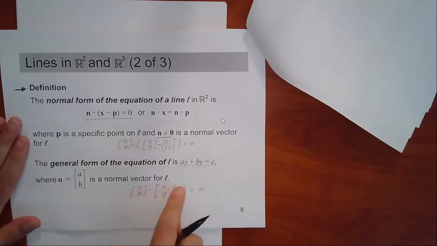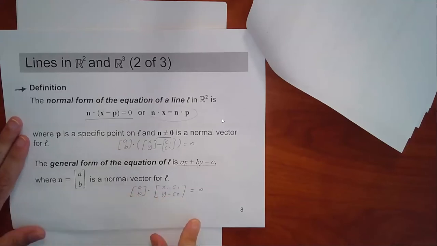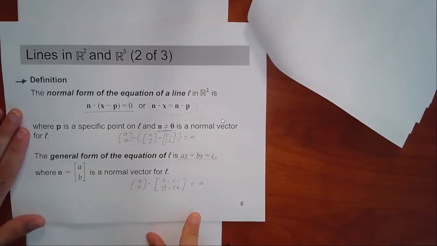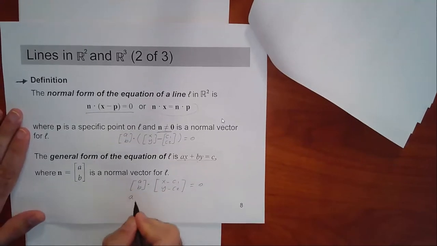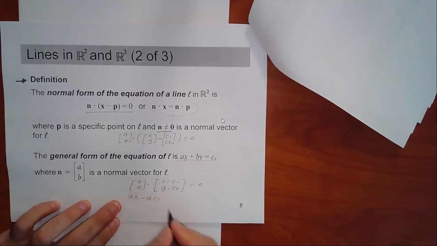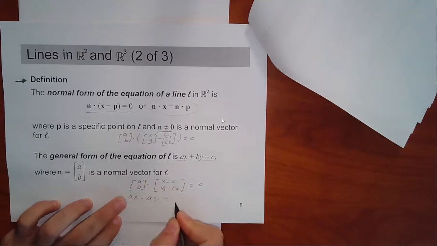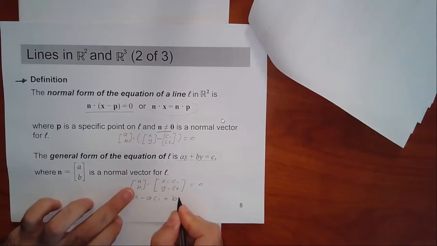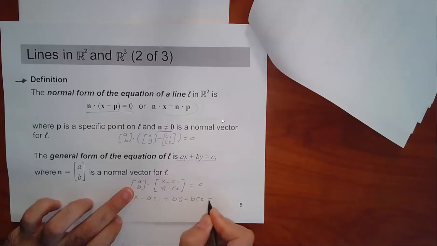That means a times this one and b times this one. So it's going to be a times x, that means ax minus ac1, plus by minus bc2 equals 0.